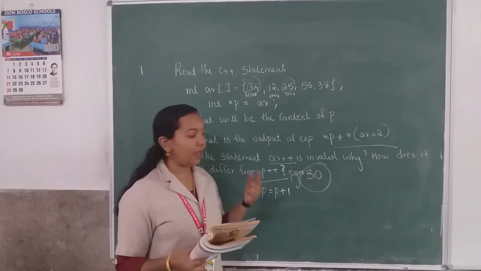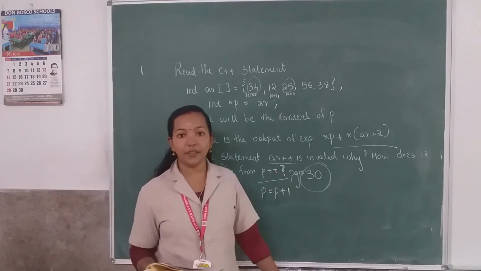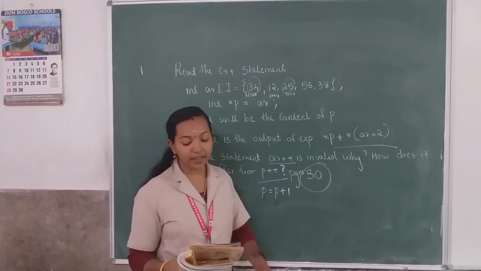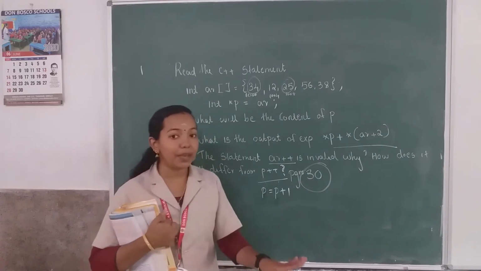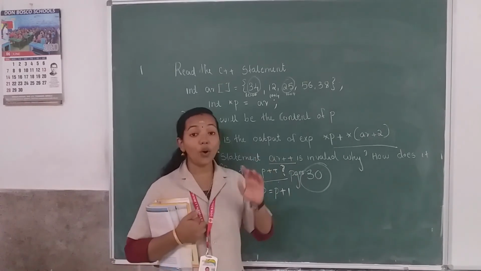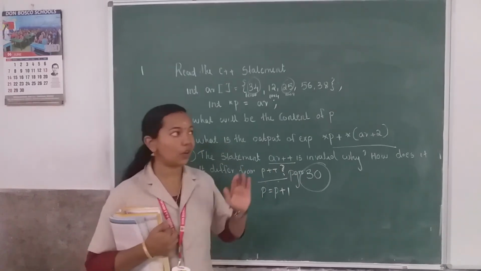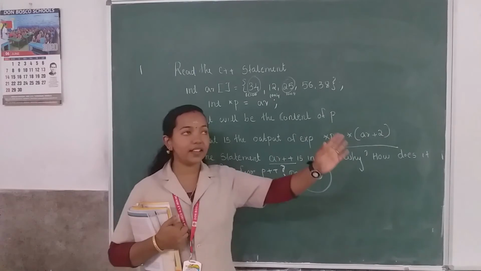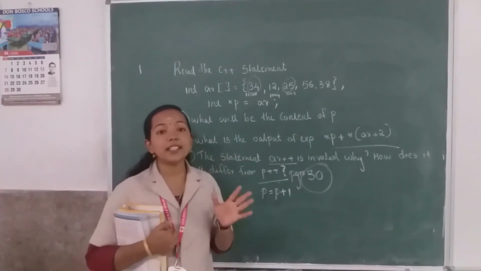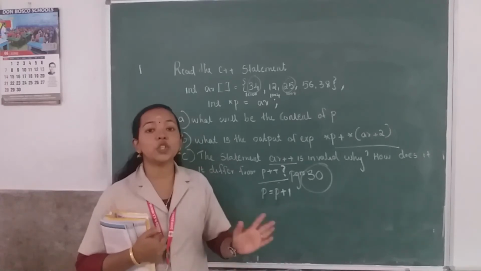But the statement AR++ is invalid, because the array name always contains the base address of an array and it can't be changed. What is the reason? The array name always contains the base address, because AR indicates this 5 element array. This base address can't be changed.